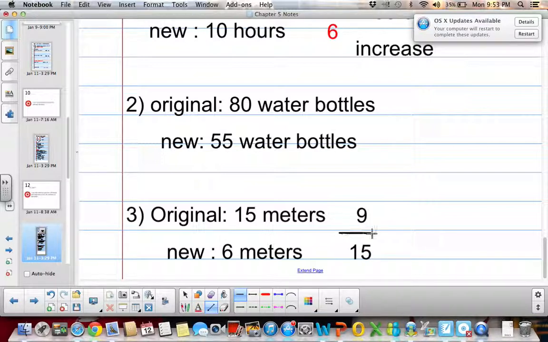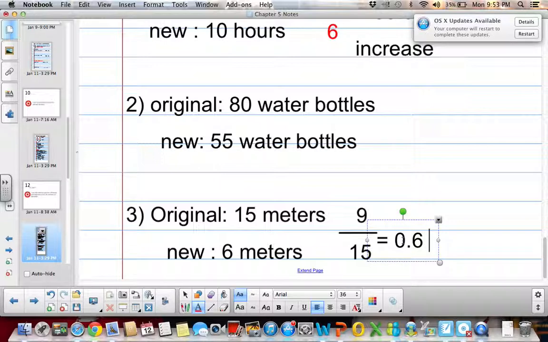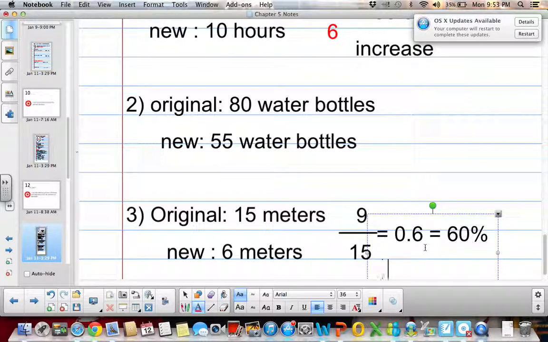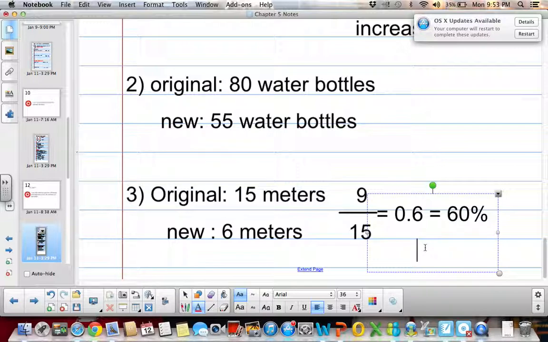So 9 over 15, we have 9 divided by 15 equals 0.6. Remember, you need to move the decimal over 2, so it wouldn't be 6%, it would be 60%, and we're going from 15 to 6, which is a decrease. So the percent of change is a 60% decrease.